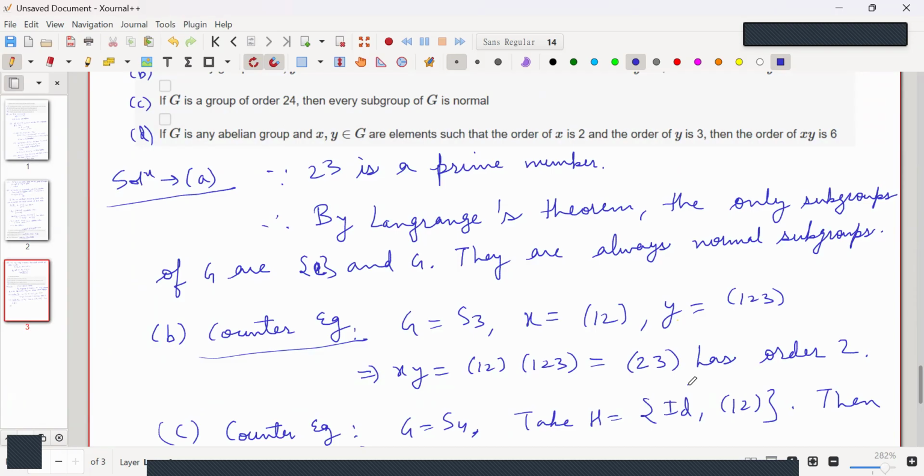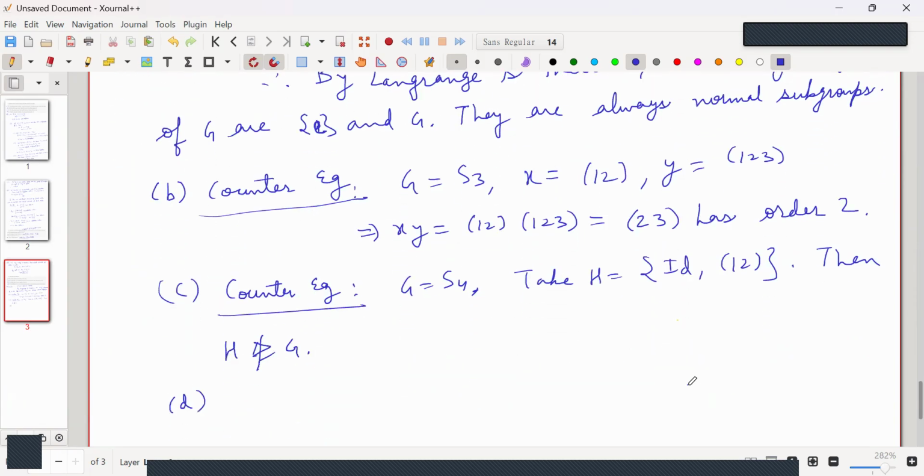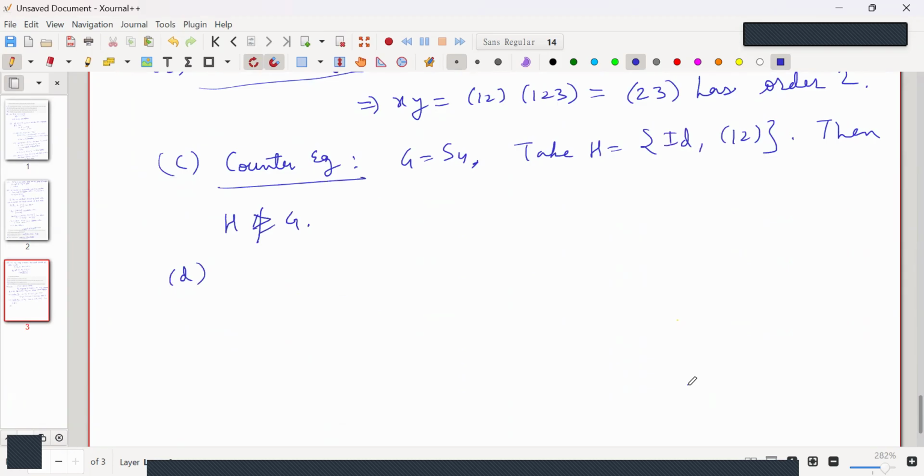Suppose I take X and Y. I consider (XY) squared, (XY) cubed, and so on. I can show that this is identity only for (XY) to the power 6, and for all others, we get non-identity values.